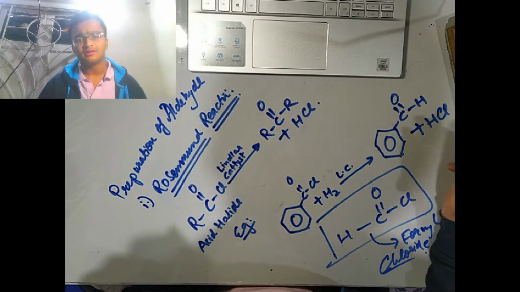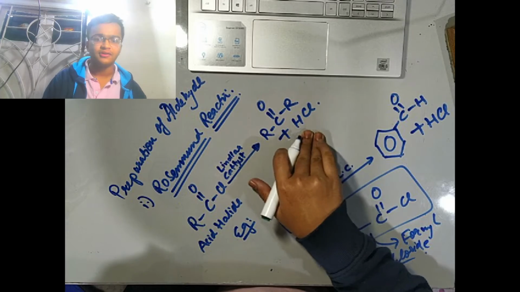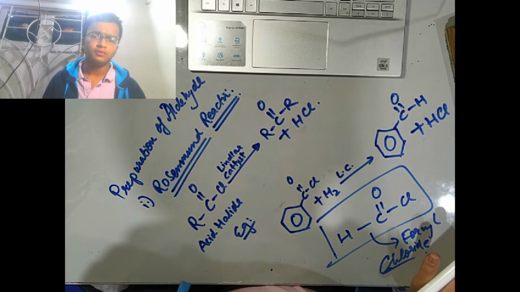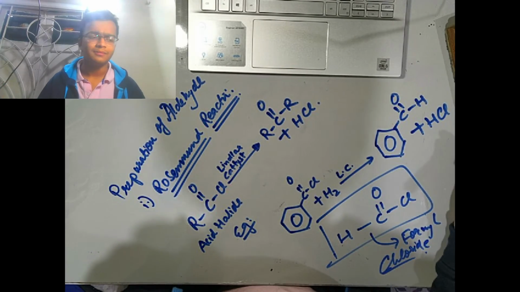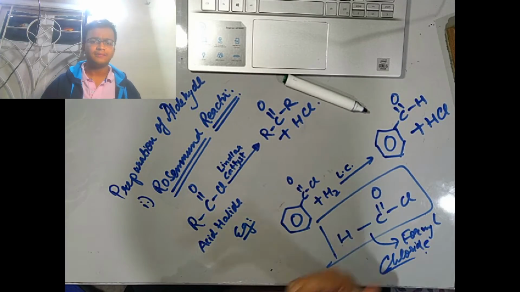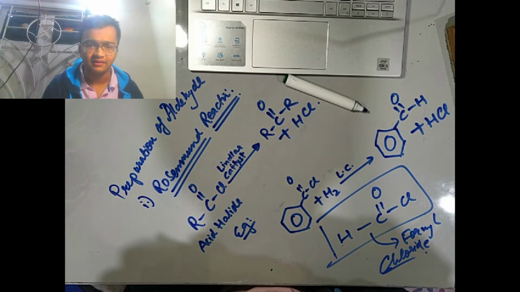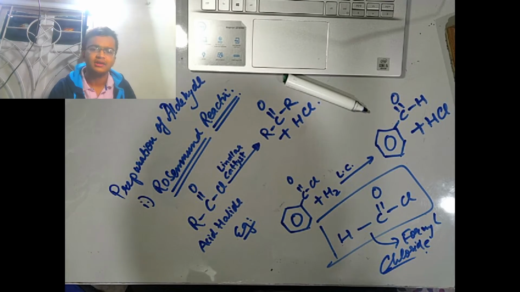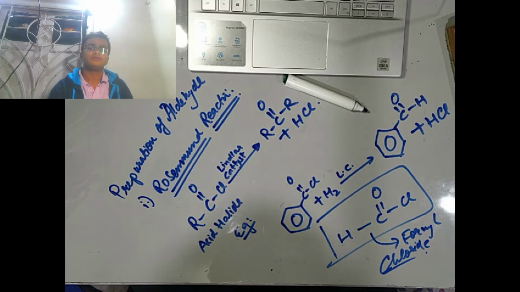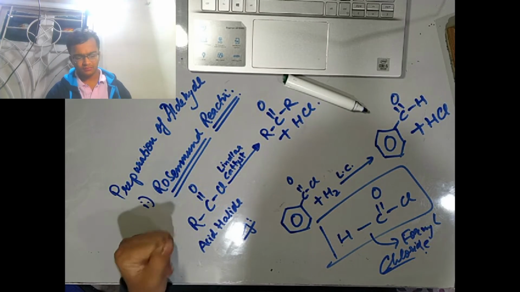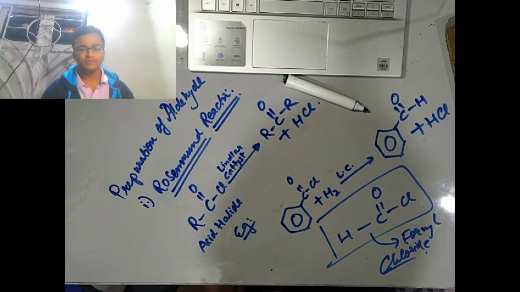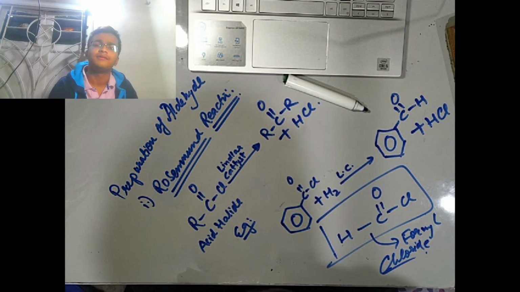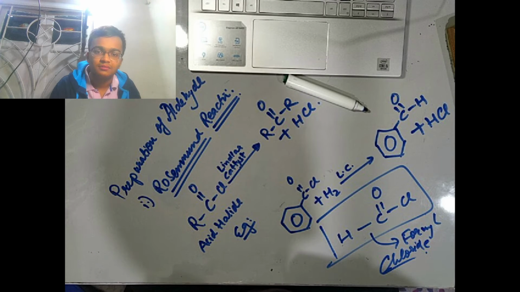Another name reaction. We have already completed the Rosenmund reaction, it was all up to this. So I am just giving you a brief on the Rosenmund reaction. What is happening in the Rosenmund reaction? We take an acid halide, meaning RC double bond OCl, and react it with the Lindlar catalyst, which means Pd on BaSO4, poisoned by sulfur.